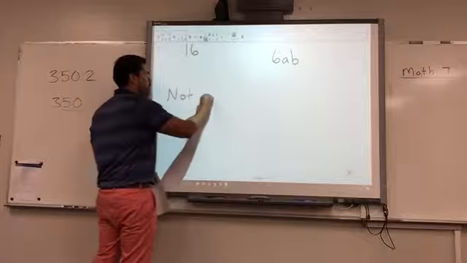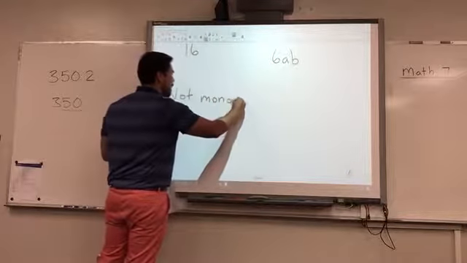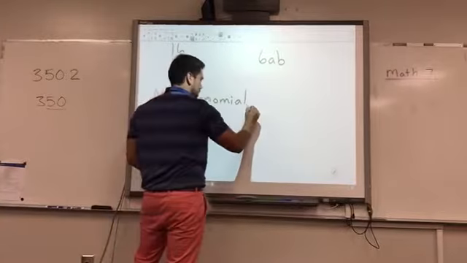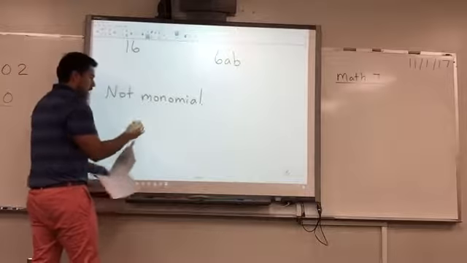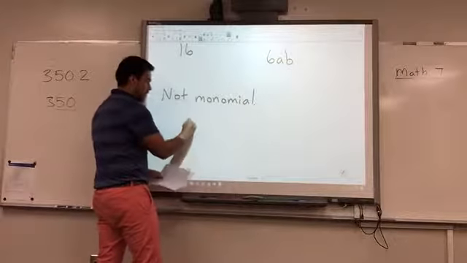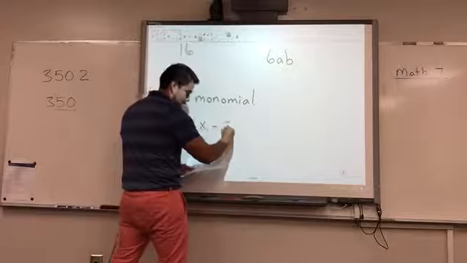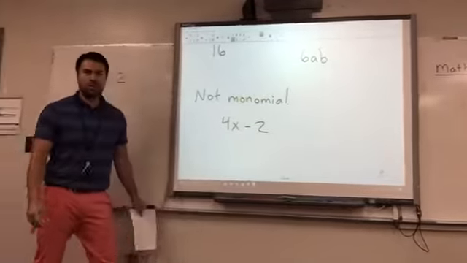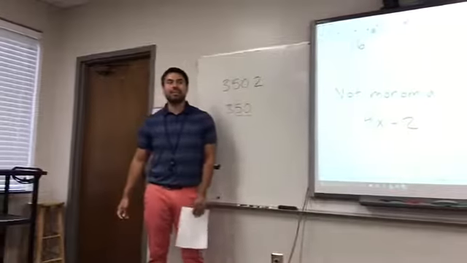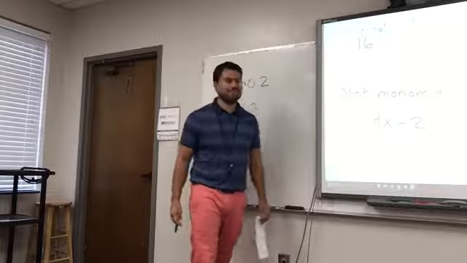I'm going to put here not monomials. I'm going to give you some examples of non-monomial terms. First one I'll give you is 4x minus 2. That's not a monomial, because it has subtraction in it.